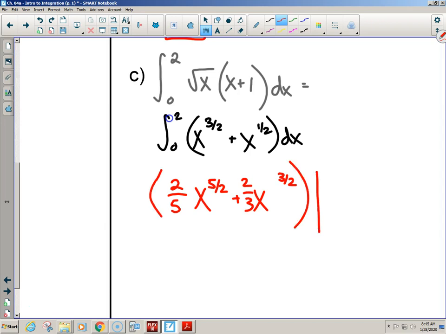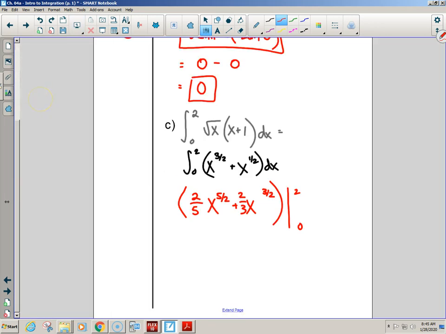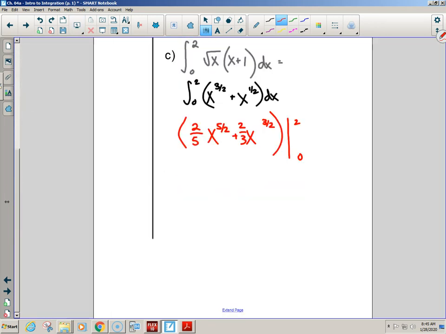Do you guys put your antiderivatives in parentheses? Can you split the integral, or do the integral of both and then a definite integral for both things? Will that give you the same answer? Yes.